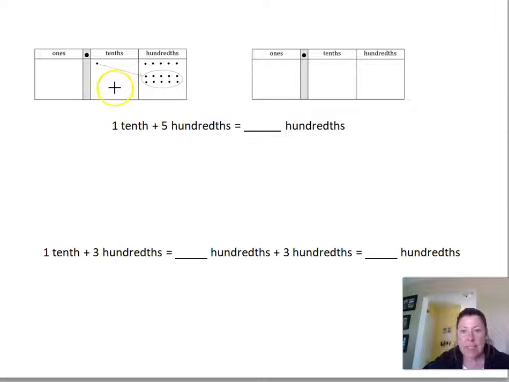But then they moved the 1/10 and rewrote it as 10/100ths, because I know that 1/10 is the same as 10/100ths. So I can easily see that 1/10 plus that 5/100ths gives me 15/100ths.